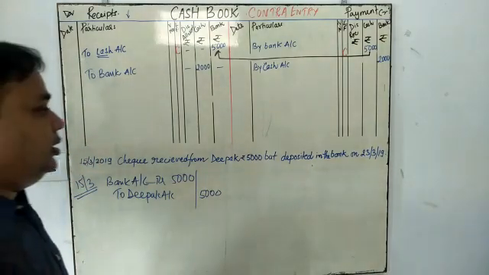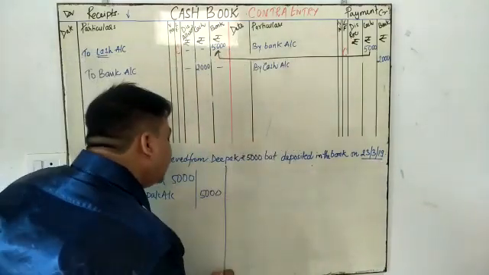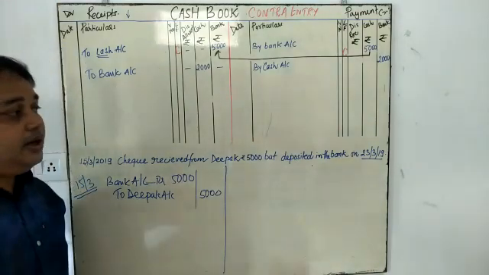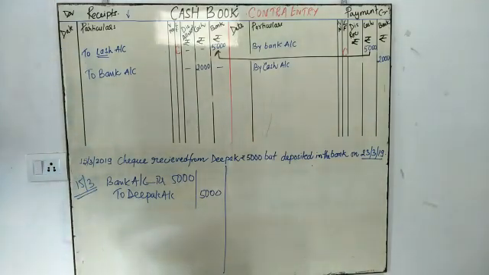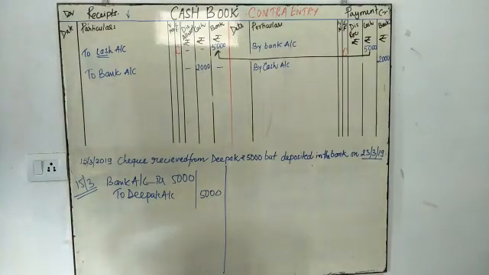What will happen on 23rd March? On 23rd March, the check is going to be deposited into the bank. It is a contra entry. So you will write contra entry. How? The check is deposited, the contra entry on 23rd March. So what will you write?